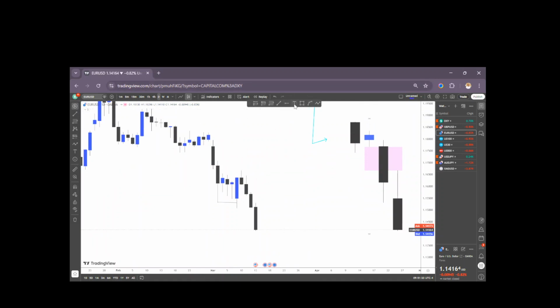When you're looking at the weekly profiles, we normally have three types of profiles.